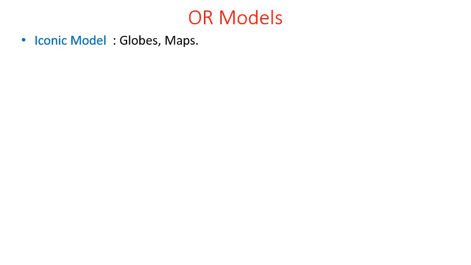The real system is represented on a small, reduced scale. Globes and maps represent much larger geographical areas, but they are shown as globes and maps. The physical system is shown as globes and maps. So these are examples of iconic models.